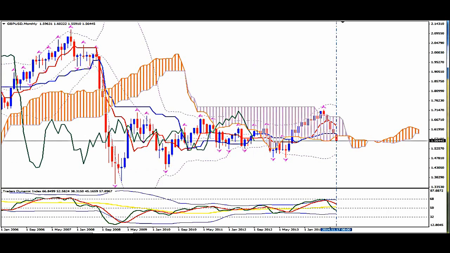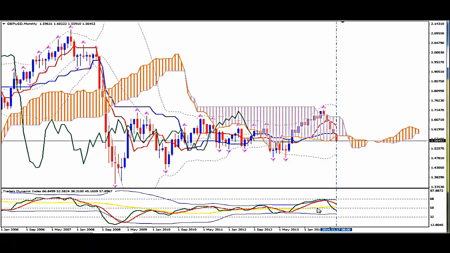So on the monthly we see that the pair made this steep downward move, but although the bullish momentum has decreased in the leading Kumo, the inclination, the slope of the leading Kumo, of the body of the leading Kumo, shows that it will fight hard to reverse, and it wants to reverse.